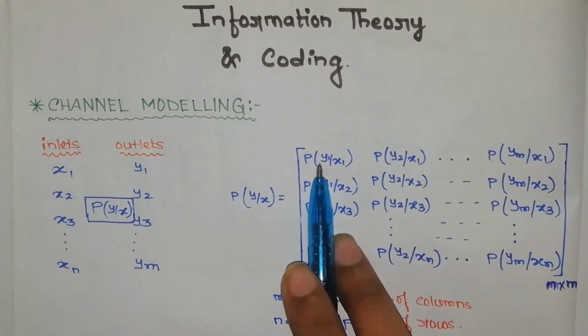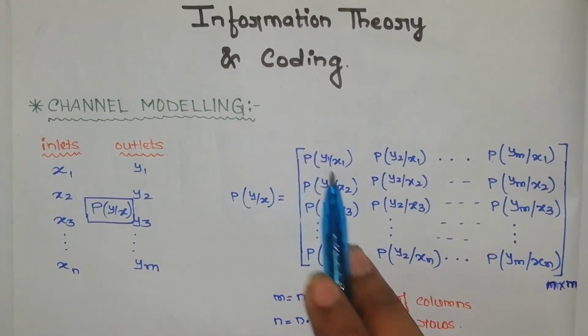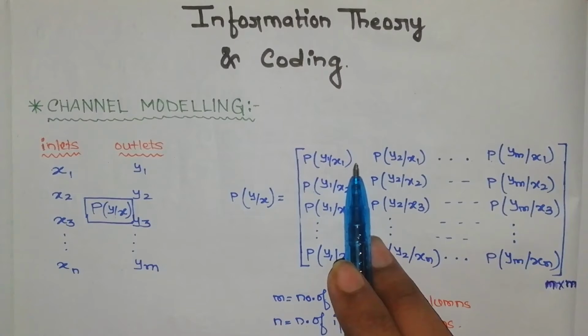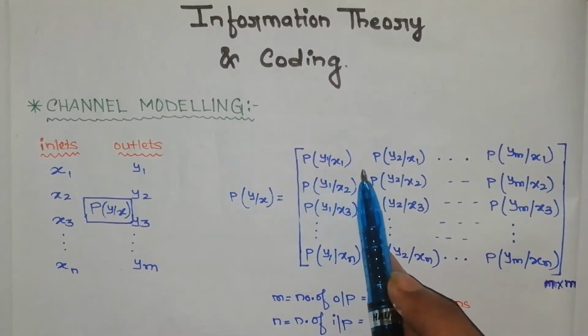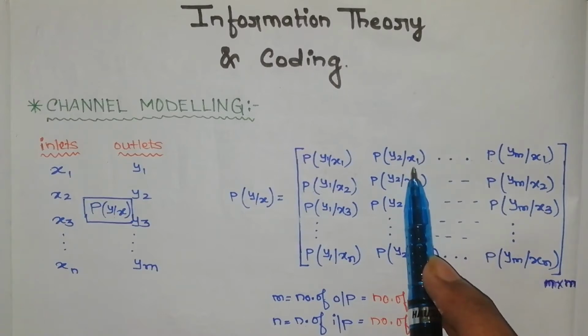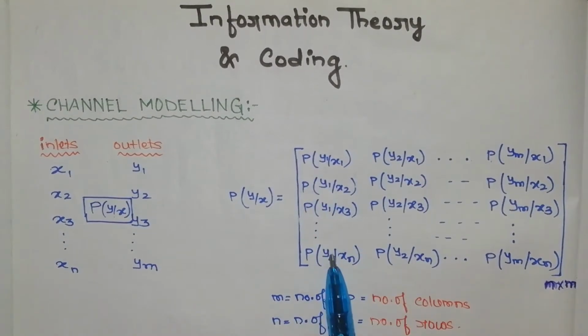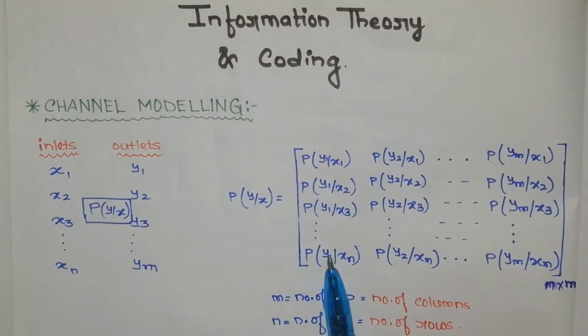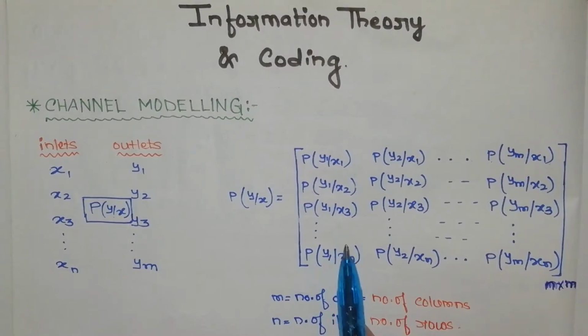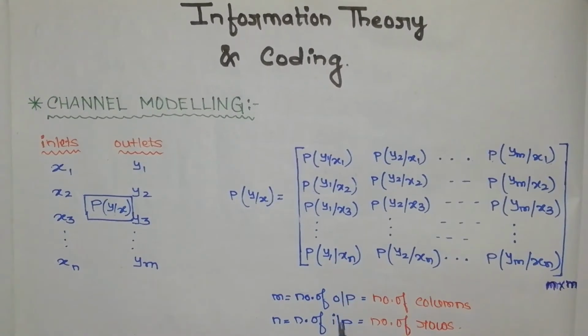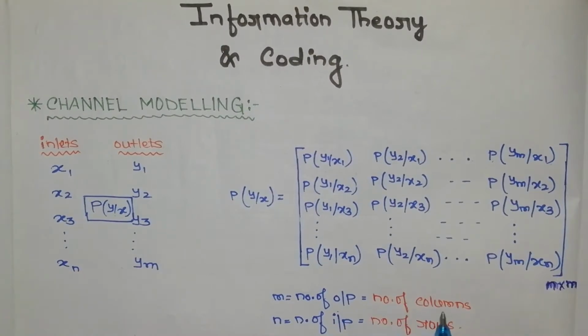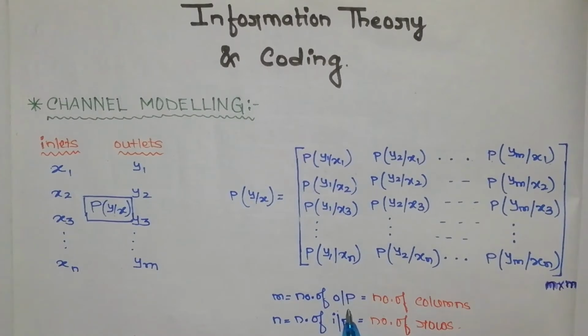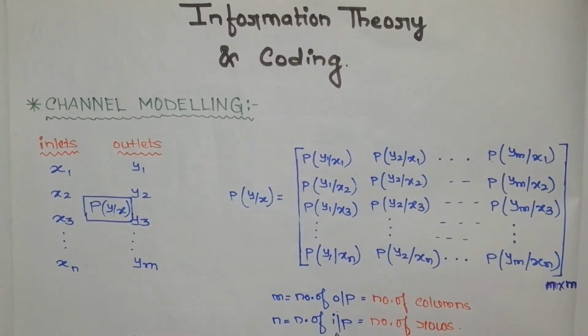So you can make an observation from here that in the row wise observation, the constant term will be the denominator part, that is the x, and in the column wise study we can see that the numerator, that is the y term, is constant. So from this observation we can say that the number of outputs will be the number of columns and the number of inputs will be the number of rows. Now the number of outputs can be denoted by small m and the number of inputs can be denoted by small n.